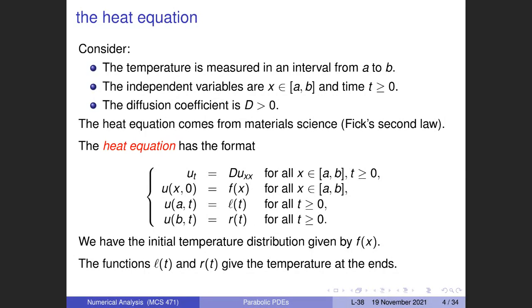So in an interval, we measure the temperature, so a finite interval from a to b. This is where the x lives. And then we have the time interval starting at 0. So the time interval will lead to our stepping.